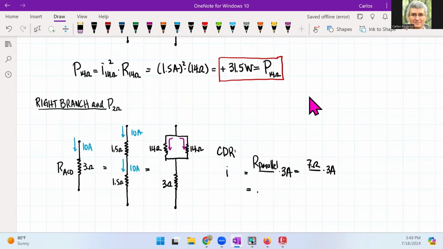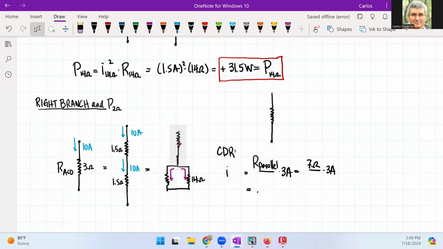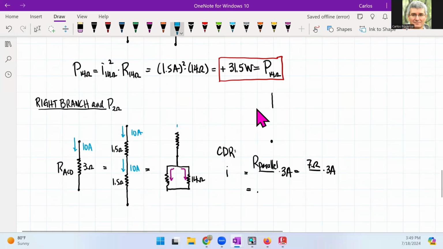And so now we have to modify our circuit here. So the way I'll modify it is that we have this guy down here at the bottom, and we have this guy up here at the top. So more or less, this is our circuit right here.